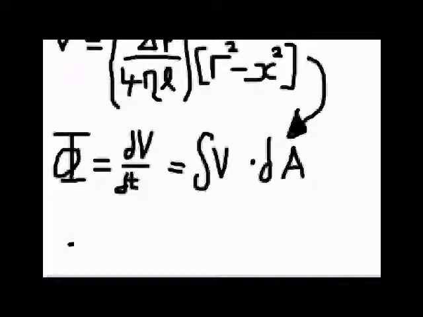So we get pi delta p divided by 2 mu, it's not mu, sorry, again, same mistake.